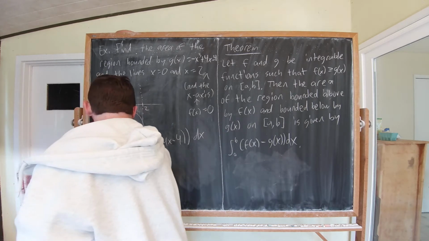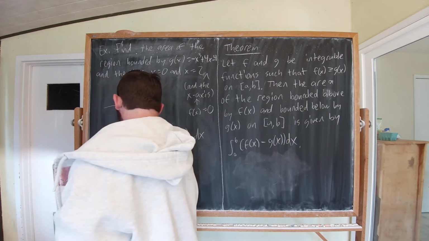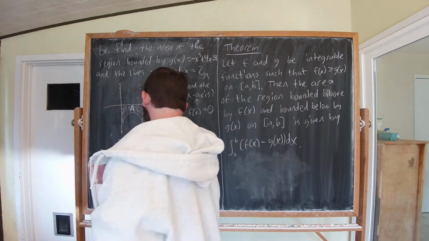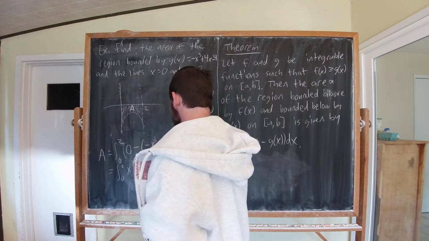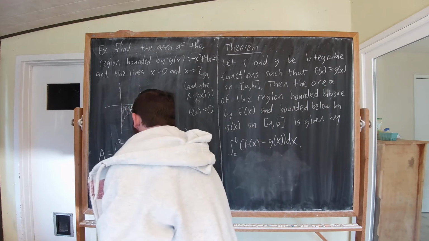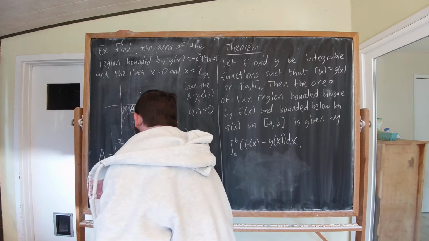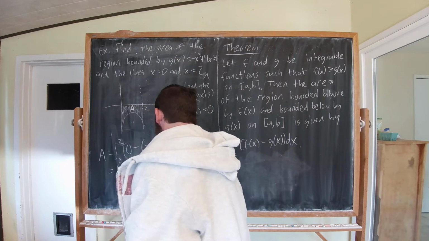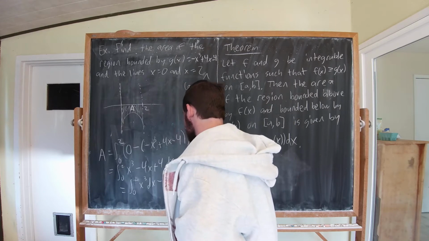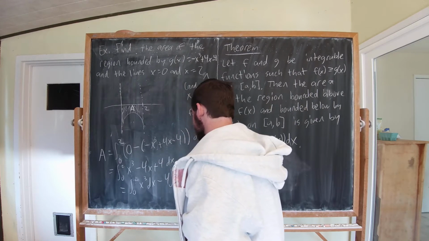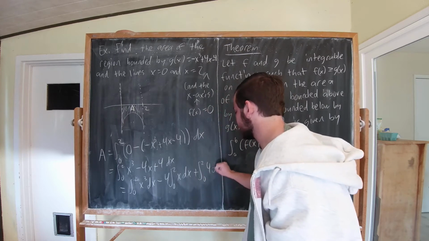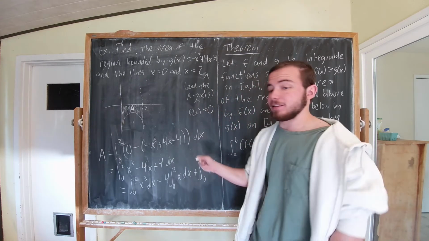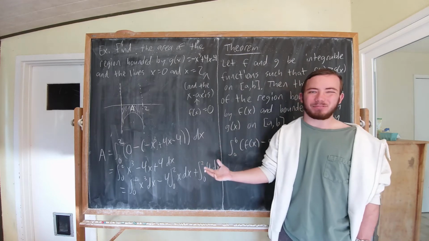This is equal to the integral from 0 to 2 of x cubed minus 4x plus 4 dx, which is the integral from 0 to 2 of x cubed dx minus 4 times the integral from 0 to 2 of x dx plus the integral from 0 to 2 of 4 dx, applying the sum rule and the scalar multiple rule.